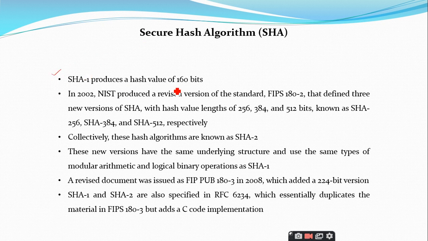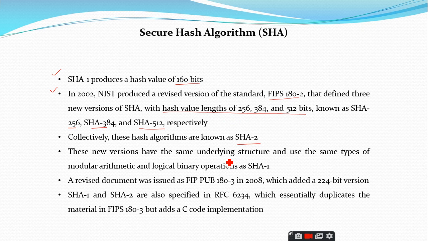So, SHA-1 produces a hash value of 160 bits. In 2002, NIST produced a revised version of the standard FIPS 182, which generates hash values of lengths 256, 384 and 512, and we can call them SHA-256, SHA-384 and SHA-512 respectively. And collectively these hash algorithms we are calling SHA-2.